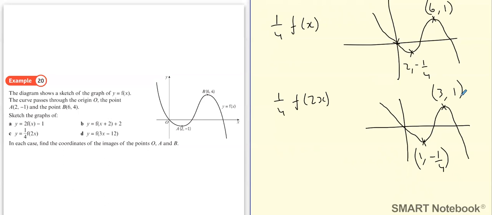Does that make sense? Can you please let me know in the chat if you are happy with that? And you can tell that if we did it the other way around, if I did f of 2x first and then multiply the y values by 1/4, I'd still come to the same answer. So the order, if it affects different axes, does not matter.